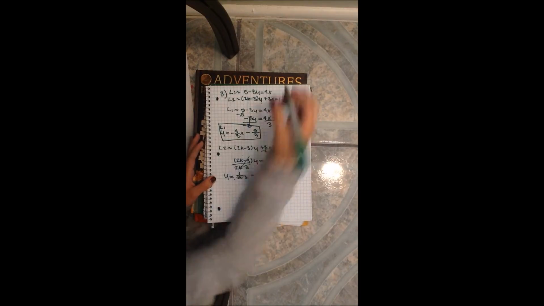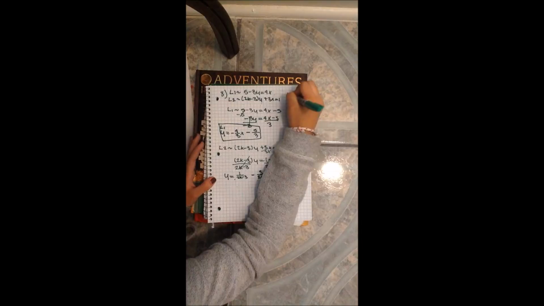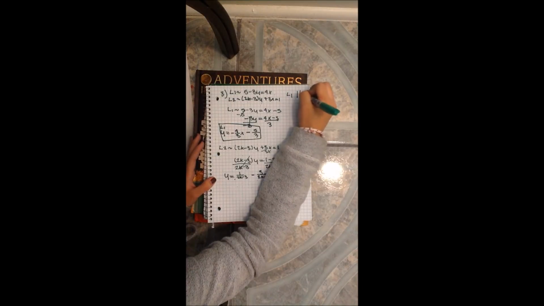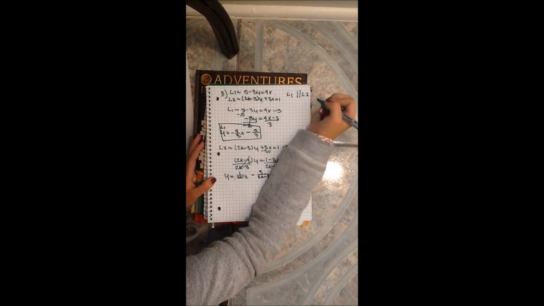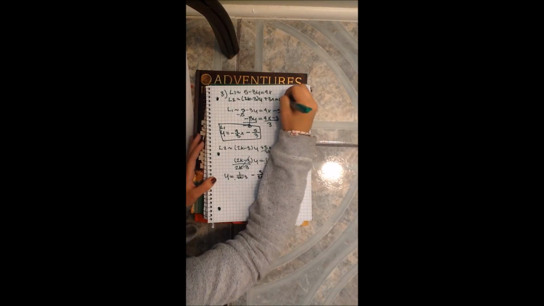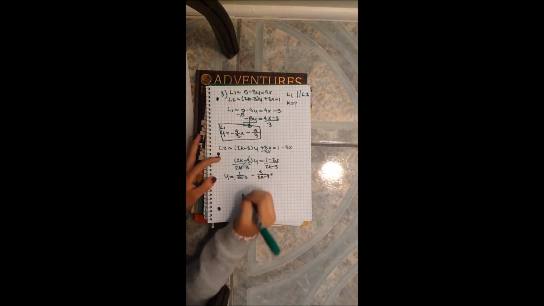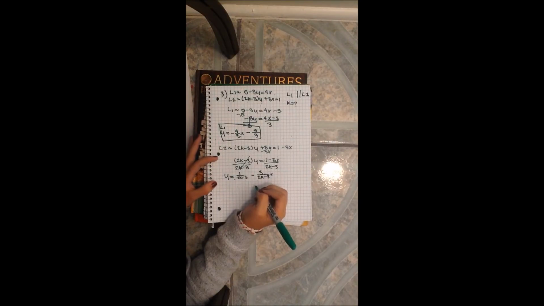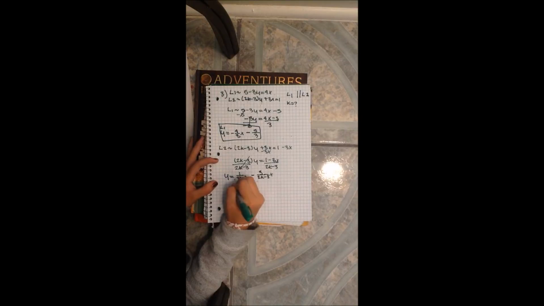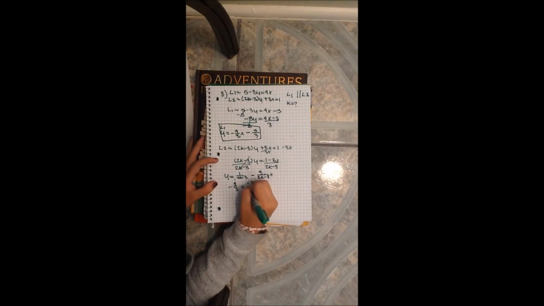Now it says that line 1 is parallel to line 2. So I have to find what k equals. So now that I have both of my slopes, it would be negative 4 over 3 equals negative 3 over 2k minus 3.